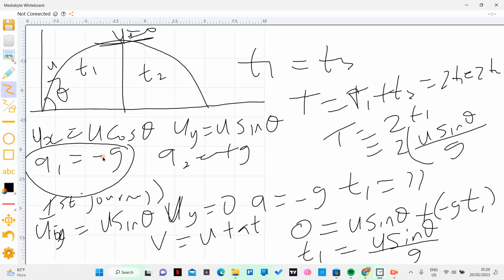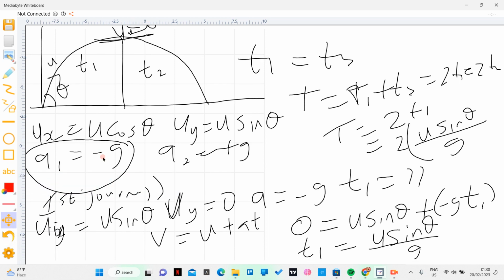So your formula for calculating the total time of flight, which is T, is equal to 2u sine theta over g. So that's the formula for calculating your total time of flight. Take note of that.